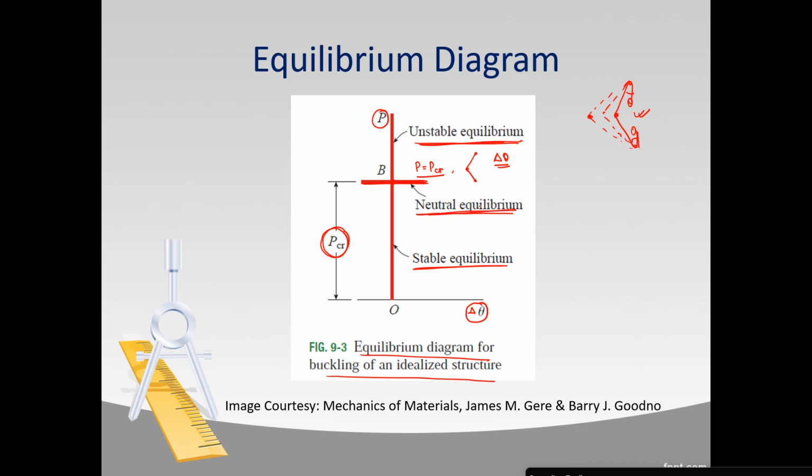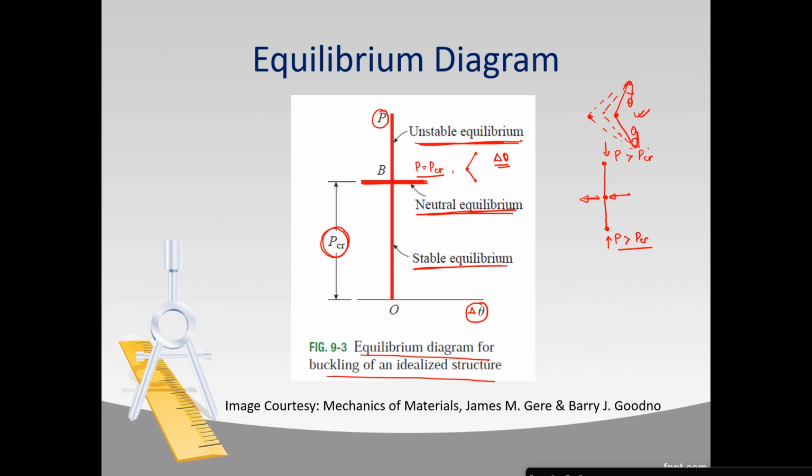Let us look at this. What is the case of neutral equilibrium in this case? If this is our column section, which is undisplaced at the very beginning, and our load P is still acting on our column, even when the value of P is increased beyond the value of PCR, unless we give a certain right or left deflection at the center, our structure will remain in the same equilibrium position instead of deflecting to the left or right.